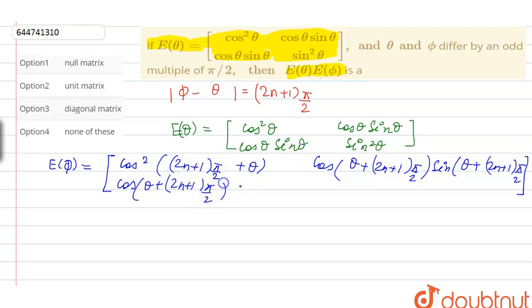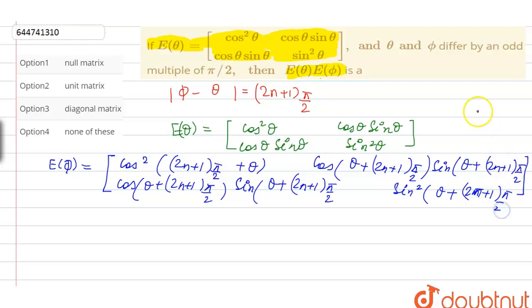Now we write the other entries also using this equation. This is again cos of theta plus (2n plus 1) into pi by 2 times sine of theta plus (2n plus 1) into pi by 2, and the last entry is sine square of theta plus (2n plus 1) into pi by 2.